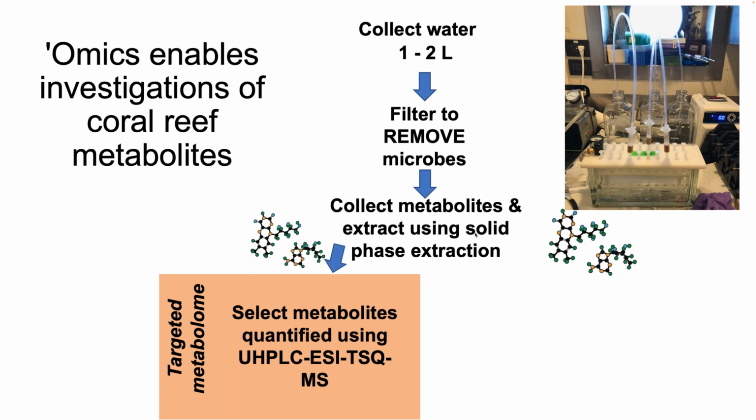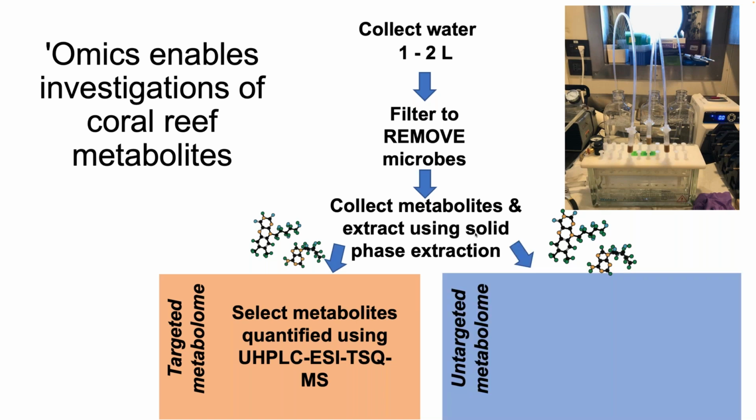But the thing to really remember here is that this method allows us to screen for a suite of known metabolites that have been quantified using standards on that mass spectrometer. This can be anywhere from 20 to 100 or more, depending on what's going on with a particular study. There are facilities that do targeted metabolomes, and it's a way to get comparable results about specific metabolites in environments and studies.